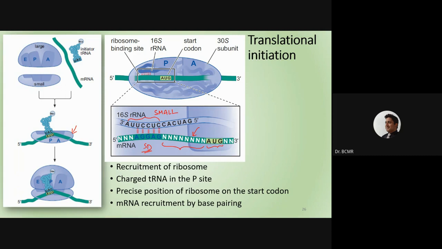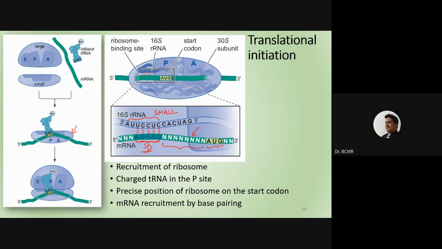Okay, so the spacer, the start codon, and as I said, the SD sequence, this is the consensus sequence, AGGAGG. But upstream of different open reading frames, you may have little bit variations of this SD sequence. This is the optimal SD sequence, that is the highest efficiency with which translation could initiate on that particular mRNA.